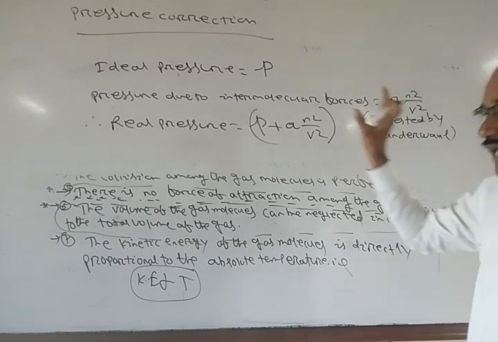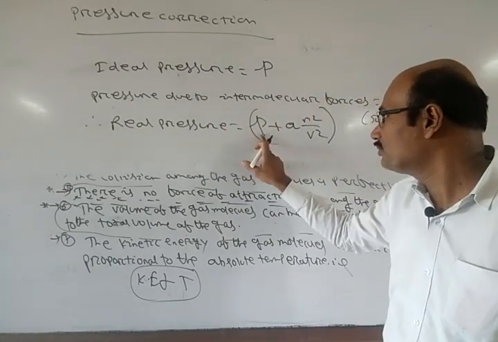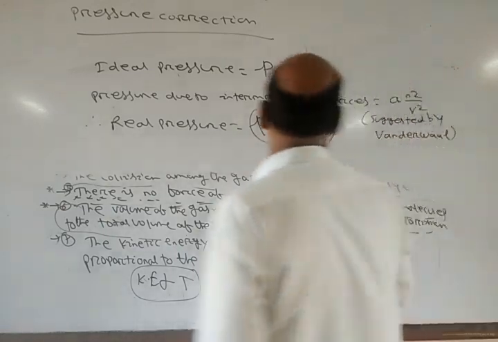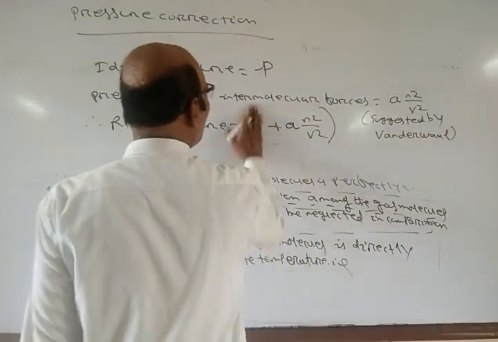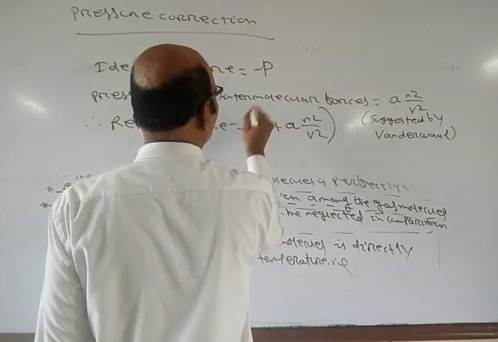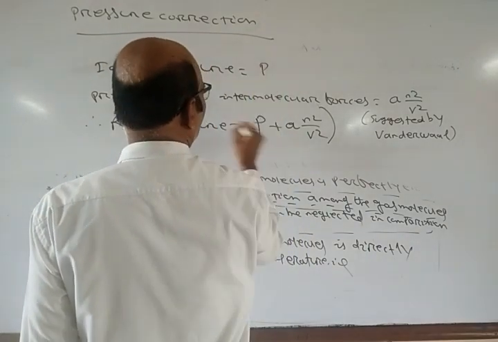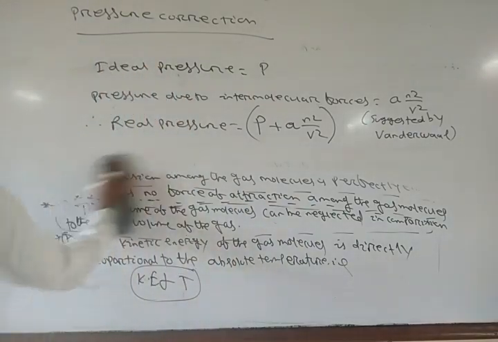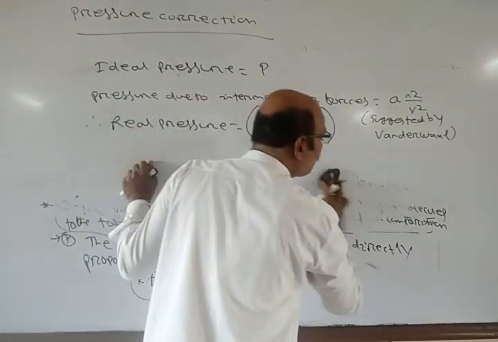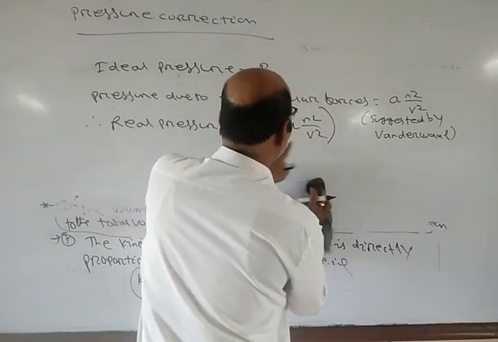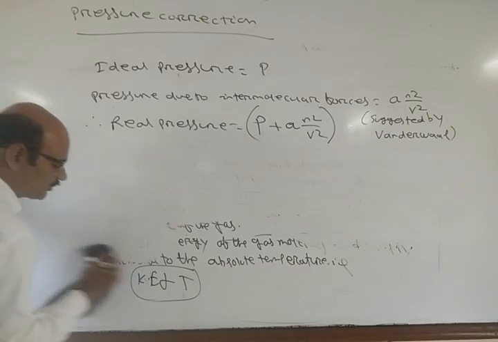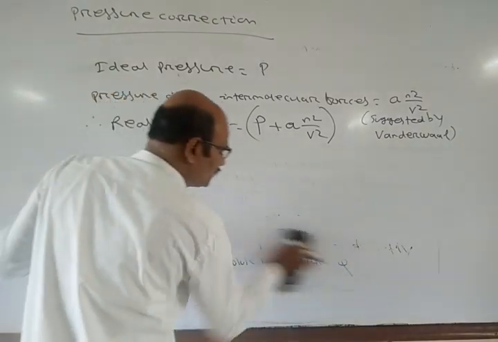So the real pressure is P, the ideal pressure, plus a n square by V square. So we are neglecting this extra pressure, so we have to add this extra pressure so that we will get the real pressure.